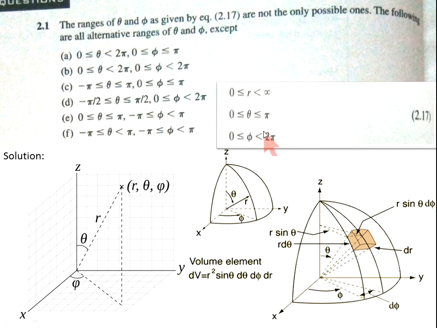If any one of these two angles first varies from 0 to pi, then the other angle must vary from 0 to 2 pi, and if this angle varies from 0 to 2 pi, then the other angle must vary from 0 to pi. Why does this happen?